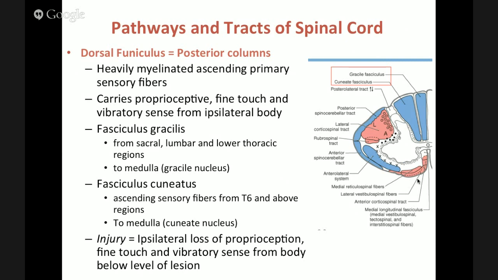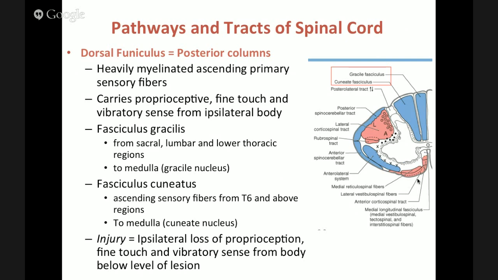They're made up of ascending primary sensory fibers. So these are the central processes of the dorsal root ganglion cells that are carrying information such as discriminative touch, vibration sense, pressure sense, and proprioception.